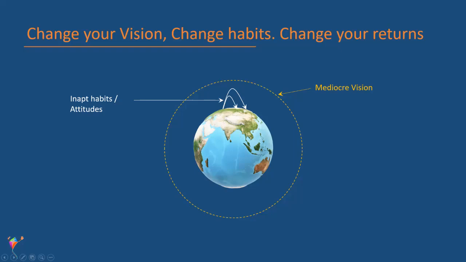So as happens in the case of investors, they try multiple times, but they are not able to achieve even their mediocre vision because of purchasing the wrong stocks, not knowing what to buy, and whatever benefit they get is just because of the market movements.